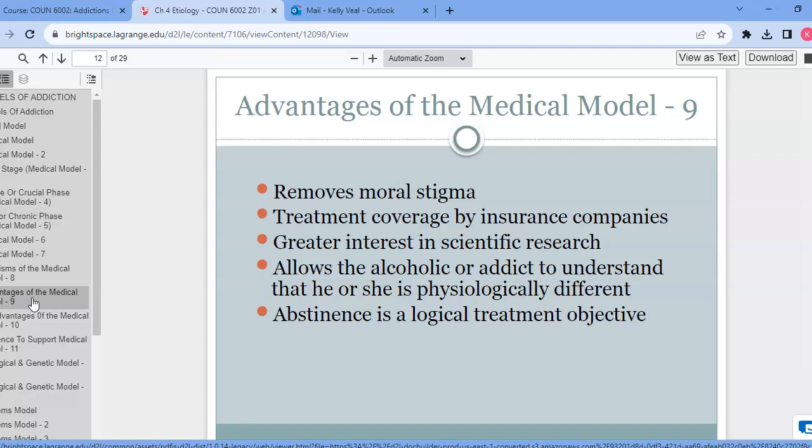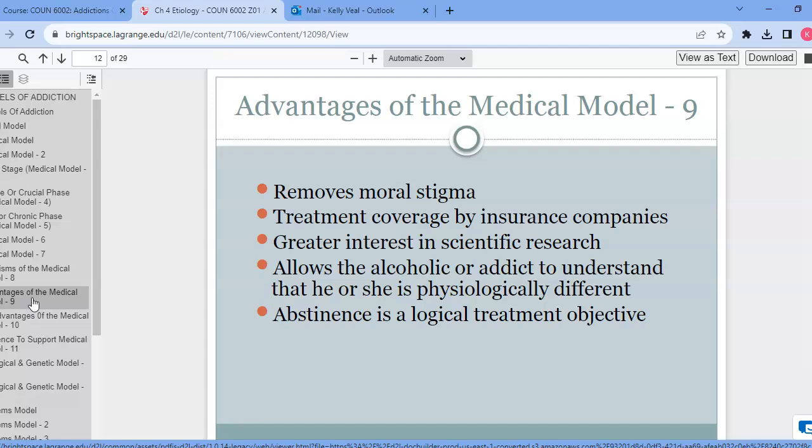Okay. Medical model advantages: it removes the moral stigma. It is treatment that can be covered by insurance now because of the disease model. There was a growing interest in research. It does allow the person who's suffering from addiction to understand their brain is altered, and it really is altered, and their body's altered.